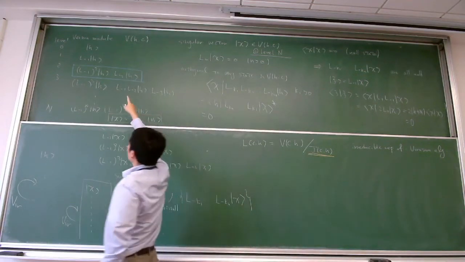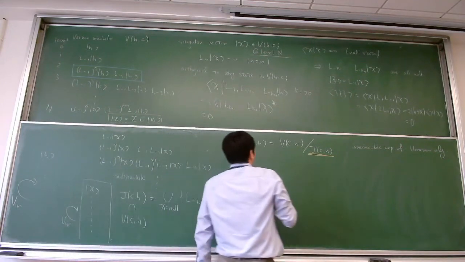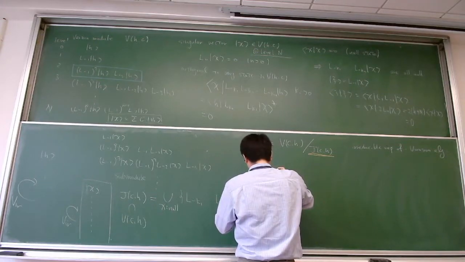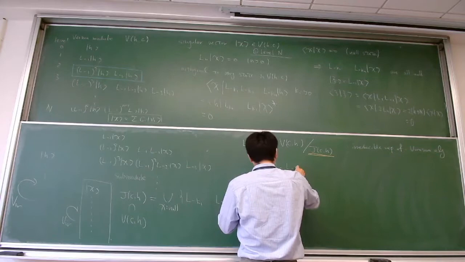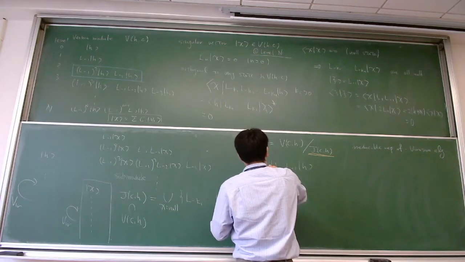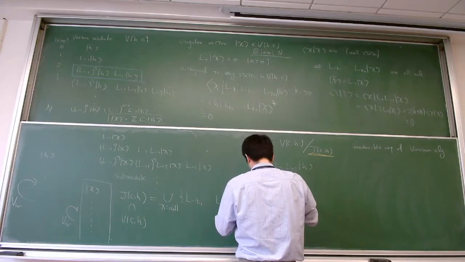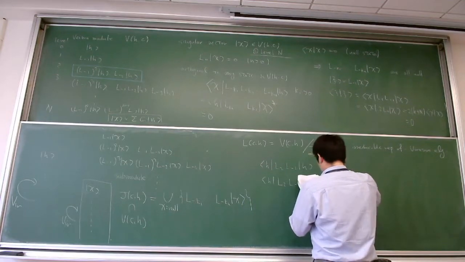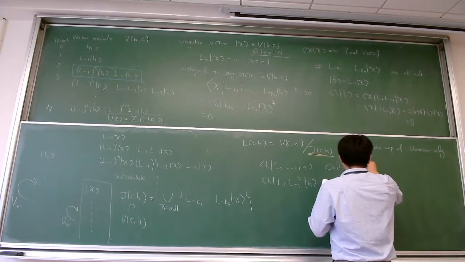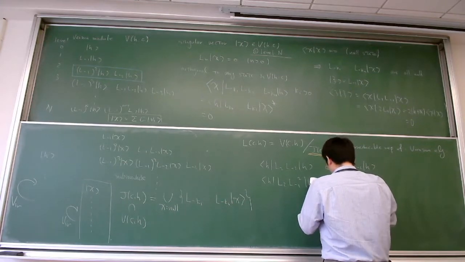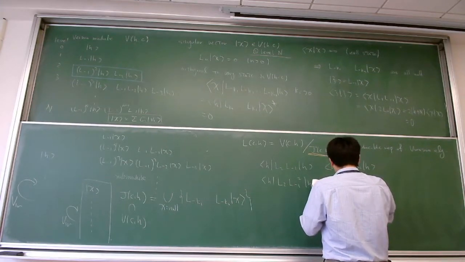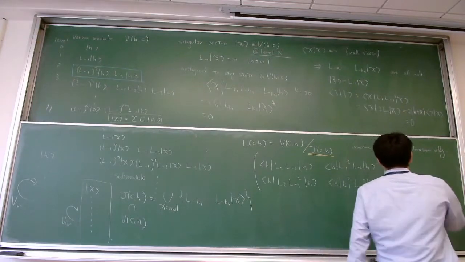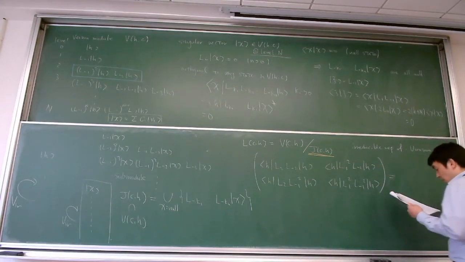When level 2 has a singular vector, you consider the following matrix: L2, L minus 2, H. You take the inner product of each of the states.